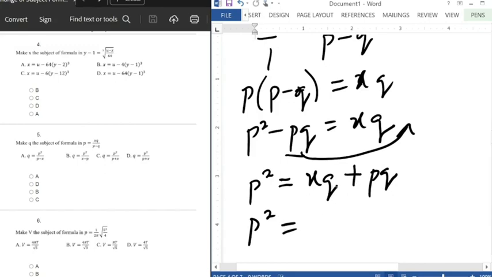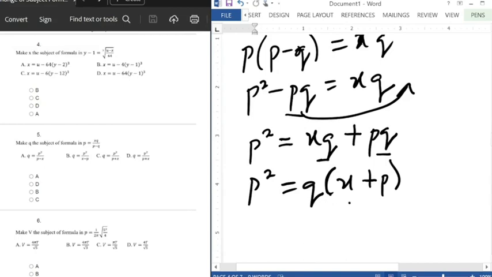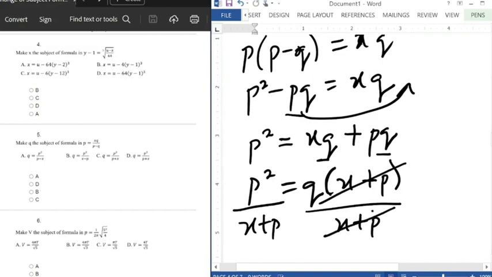So what we're going to do now is we have Q here, we have Q here. Let's factor it out. So factorize this. That's P squared equals Q into bracket x plus P, right? So the next stage, what is disturbing our Q here is x plus P. We divide both sides by x plus P. So this, we cancel this.